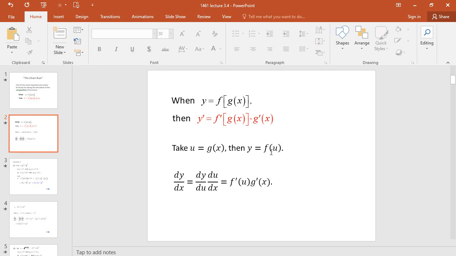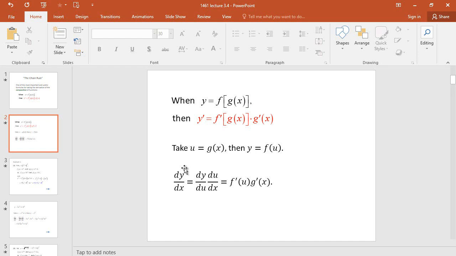But f prime of u is the same as the derivative of y with respect to u. And g prime of x is the derivative of u with respect to x. So basically, we can rewrite this formula in this way, where dy dx is equal to dy du multiplied by du dx.